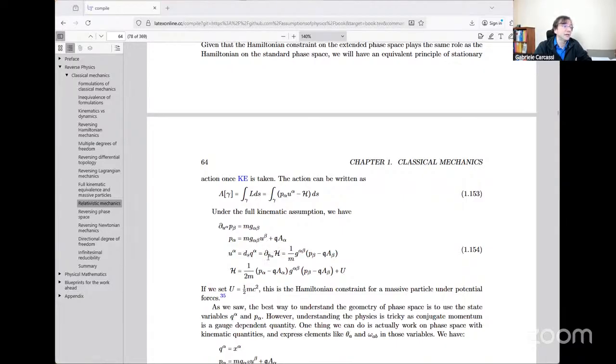Then you use Hamilton's equation, and you know that u alpha has to be equal to the derivative of the Hamiltonian constraint with respect to p alpha. But given this expression, you also know that u alpha has to be equal to 1/2 the inverse of g times (p beta minus the alpha beta).